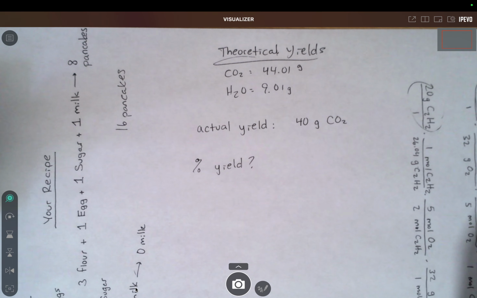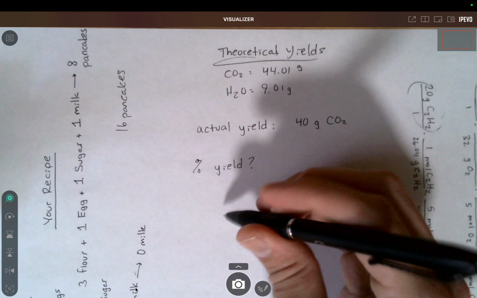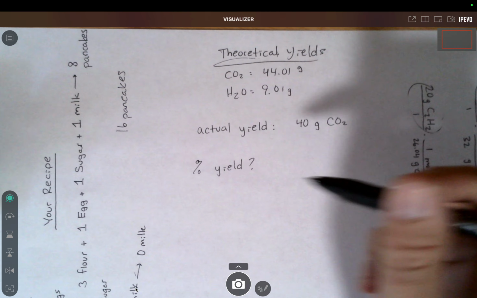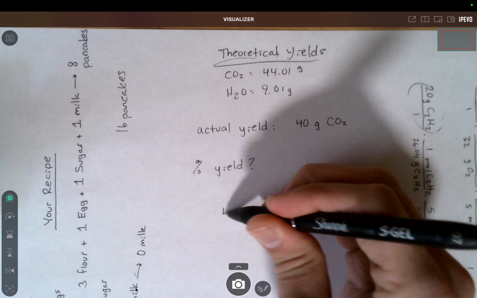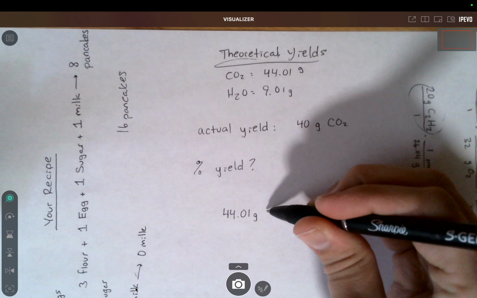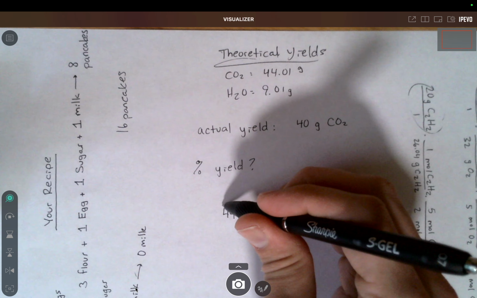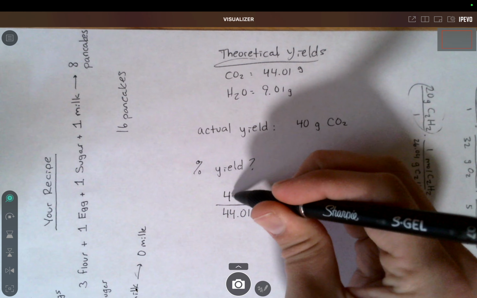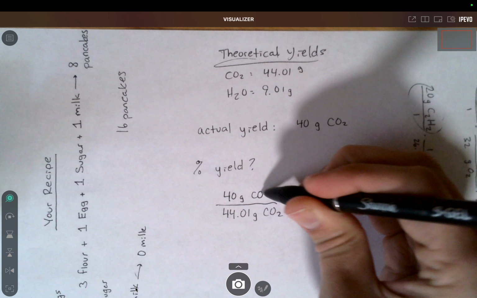Well, think about it. All of you, whenever you get a test grade back, immediately ask what the percentage was. Well, let's imagine that this test was worth 44 points, or 44.01 points. In this case, it's grams of CO2. And you actually got 40 grams of CO2.